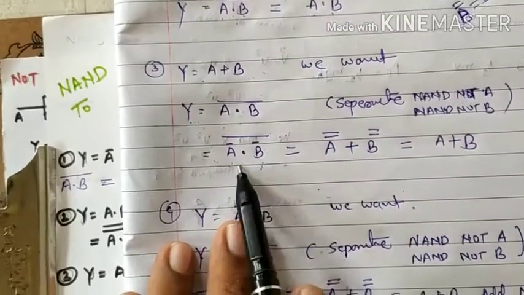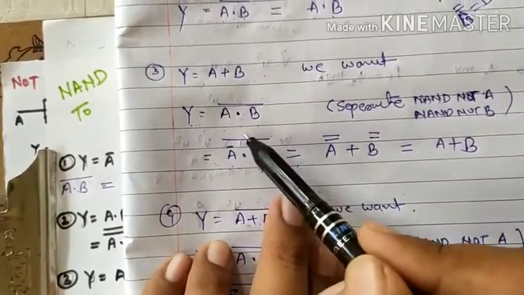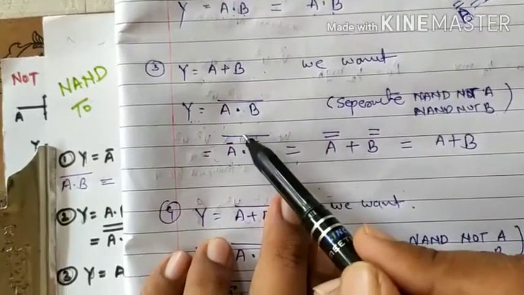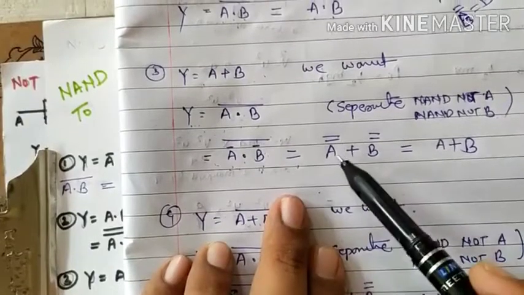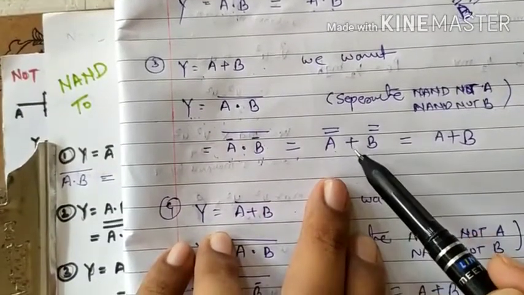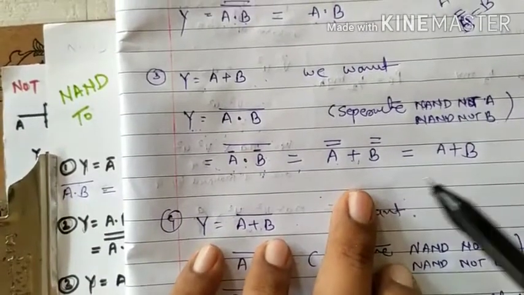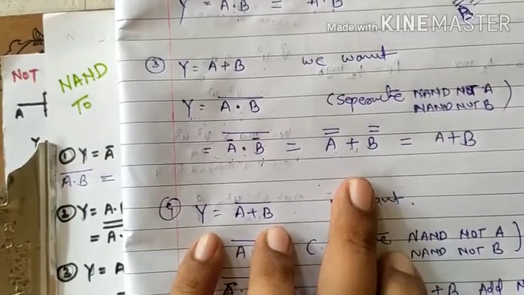So a bar into b bar whole bar is equal to, we just cut this bar, so this bar changes the sign. So it will be a double bar plus b double bar. Why is this plus coming? We know that if we cut the bar, it makes a change of sign.